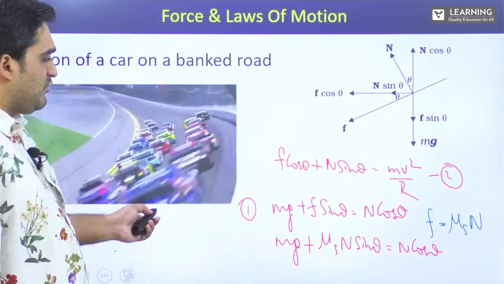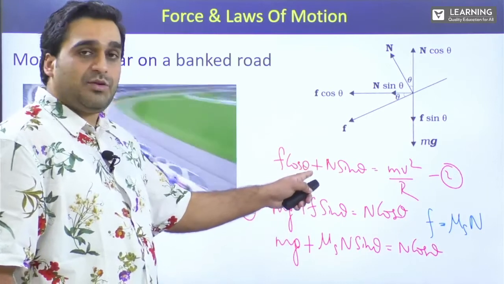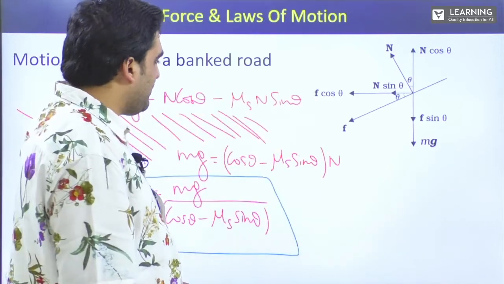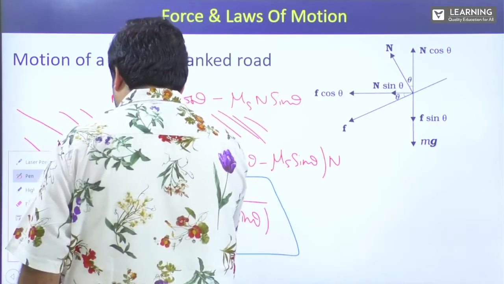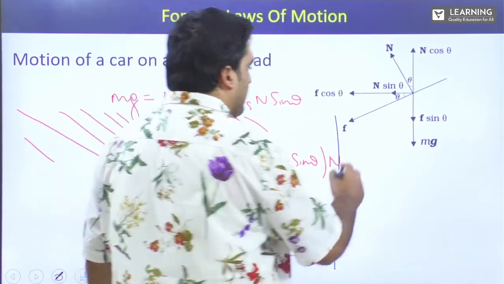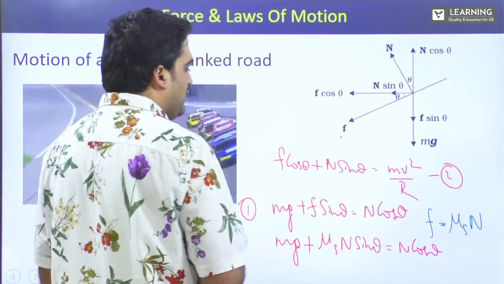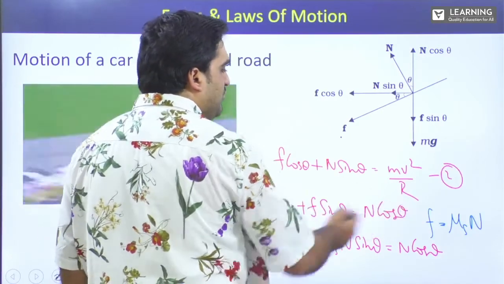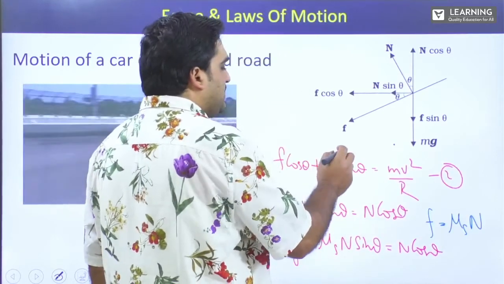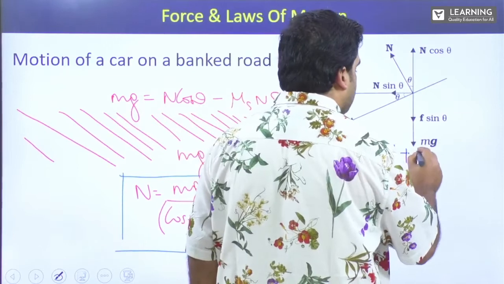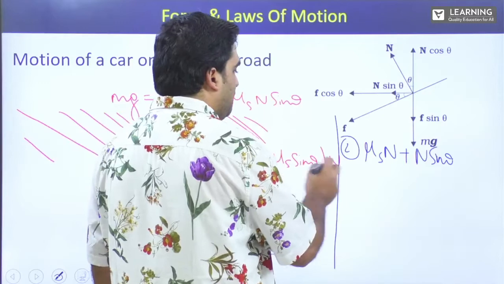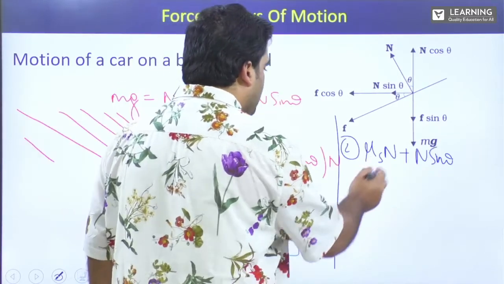Now this normal force n, we will substitute in equation 2. Interesting, isn't it? So writing equation number 2, F we know is mu s n. So mu s n cos theta plus n sine theta is equal to mv square by r.